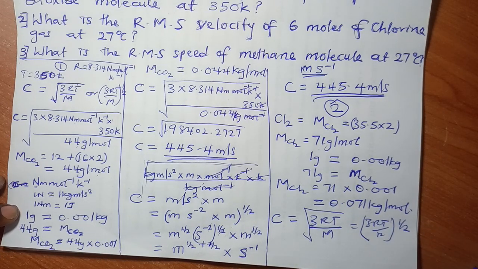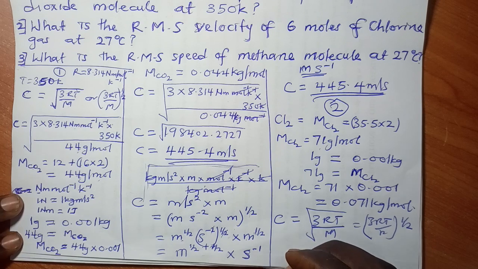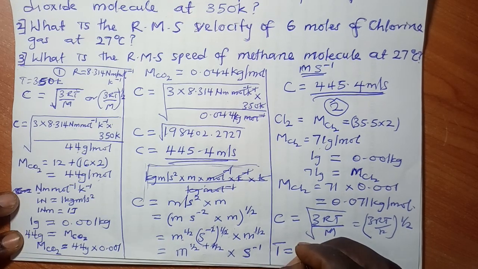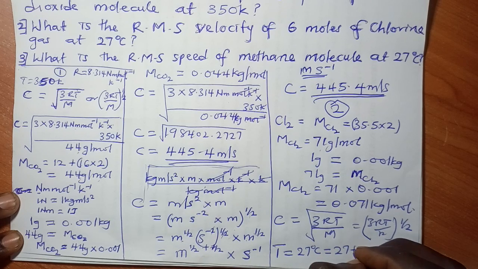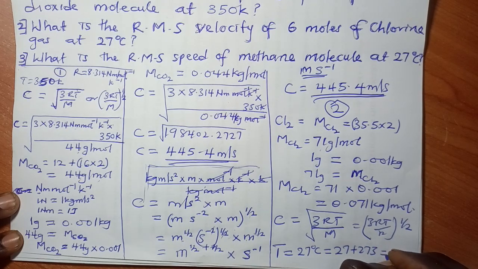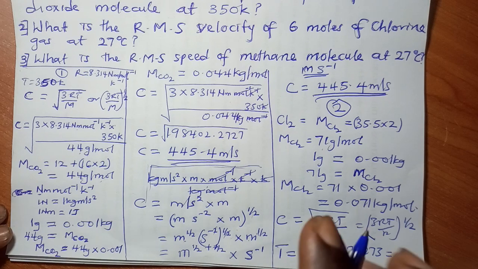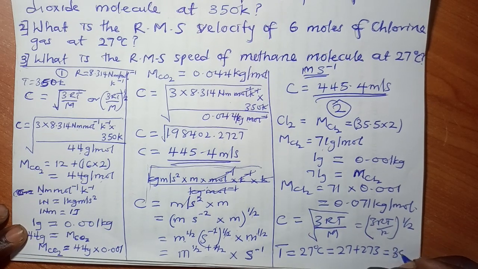They are the same thing in mathematics. The temperature given to you is 27 degrees C, which would be 27 plus 273. That will give you about 300 Kelvin.